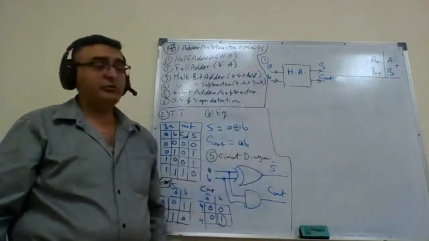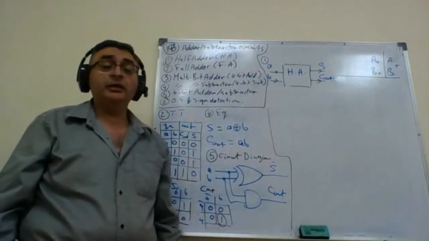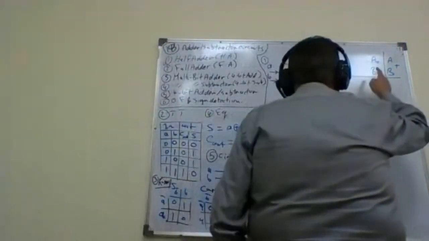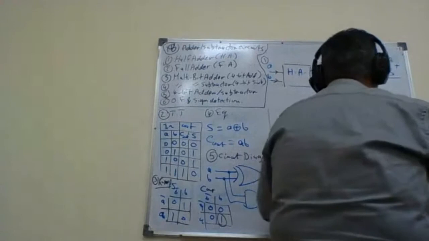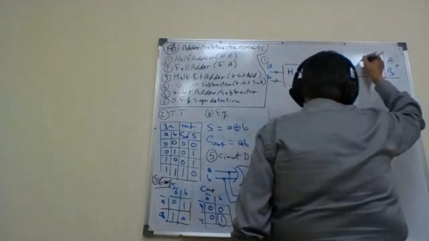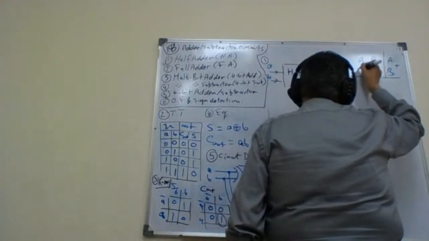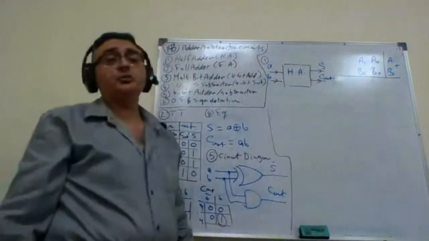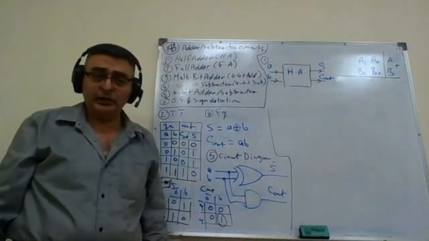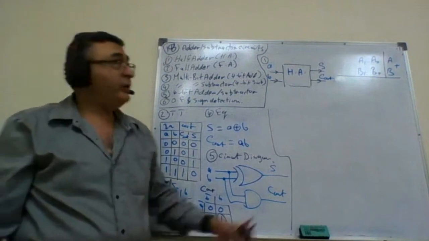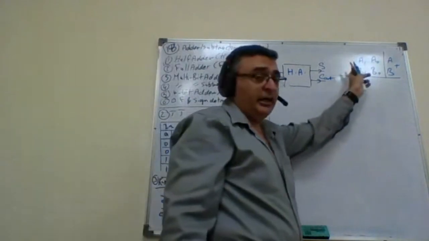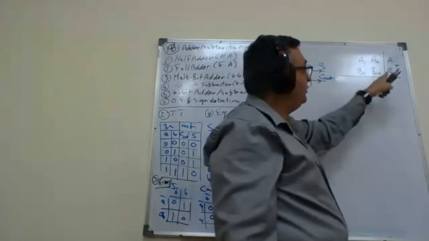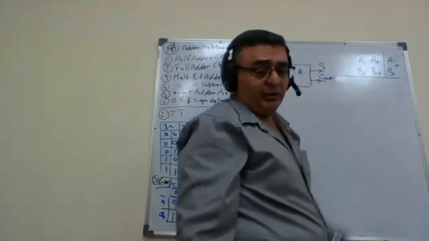Can I still solve the problem using the standard way? The answer is yes. Simply, here A and B will not be just 1 bit. I will have A0, A1, B0, B1. Can I solve this problem in a standard way? Let's see. How many inputs in this case? I have 4 inputs. 2 bits from A, A0, A1, 2 bits from B, B0 and B1.